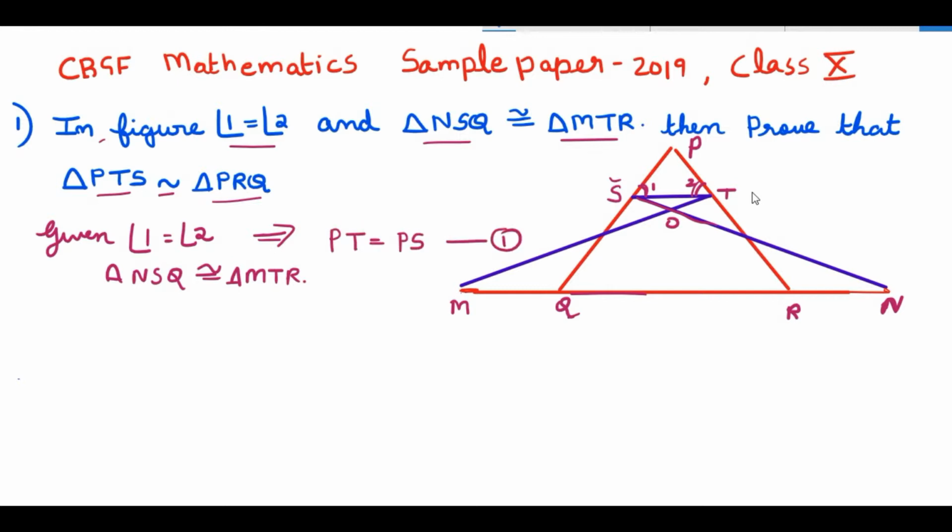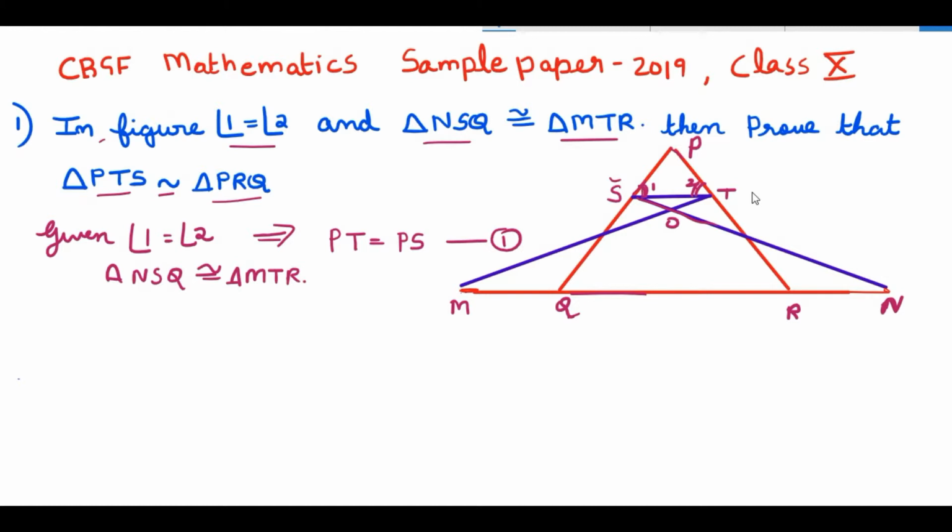Give this equation number 1. Because angle 1 equal to angle 2, if base angles are equal, the side opposite to equal angles will be equal. So we know that the sides opposite to equal angles will be equal. Therefore, the side opposite to angle 2 is PS and the side opposite to angle 1 is PT.